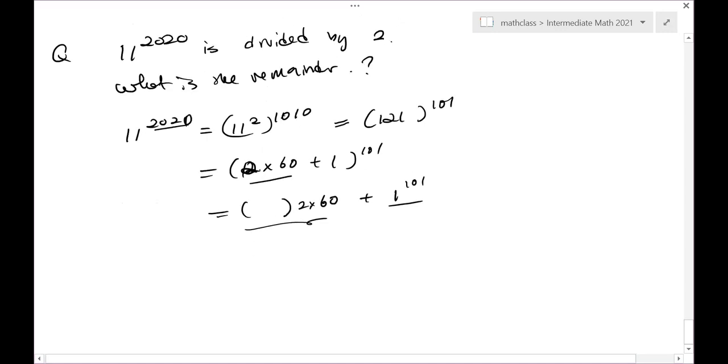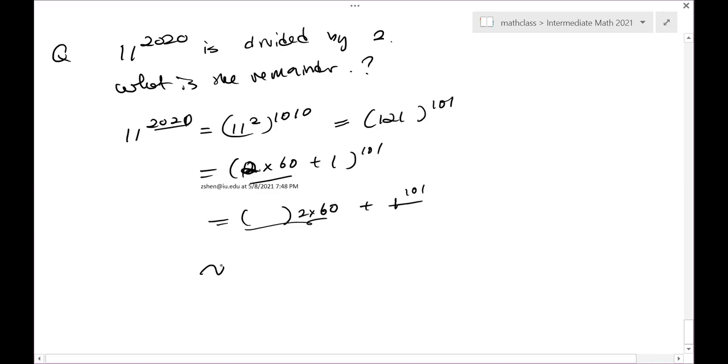We will learn a little more about this in the advanced math class. This is called the trimming method, because the number is too huge. What we do is just replace 11 by its remainder, and then you can simplify.